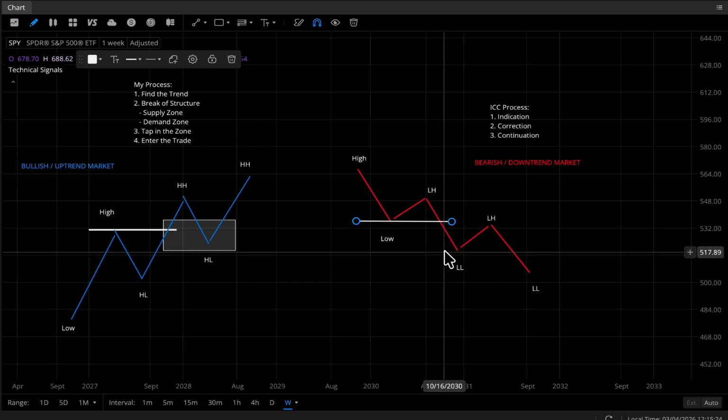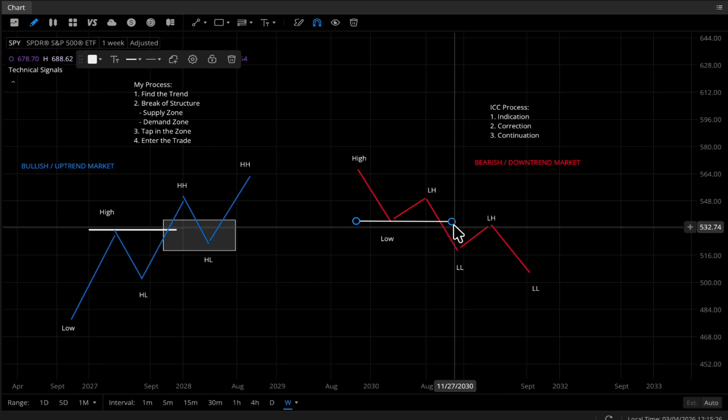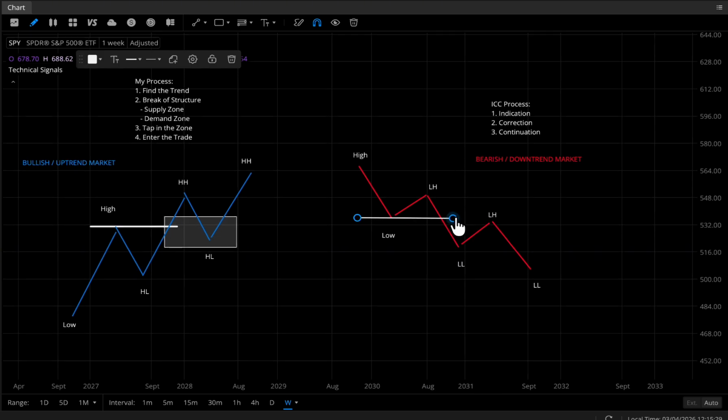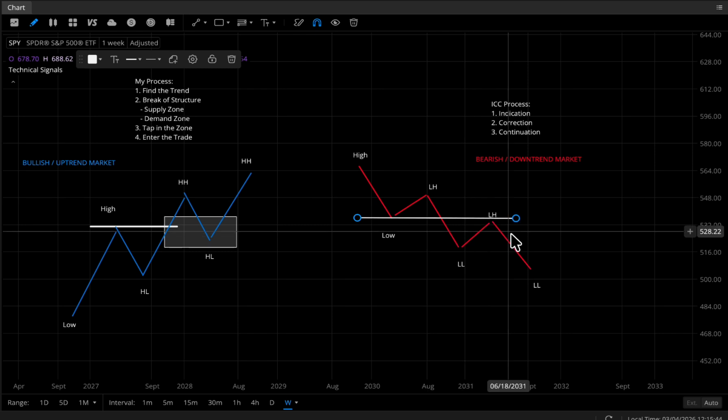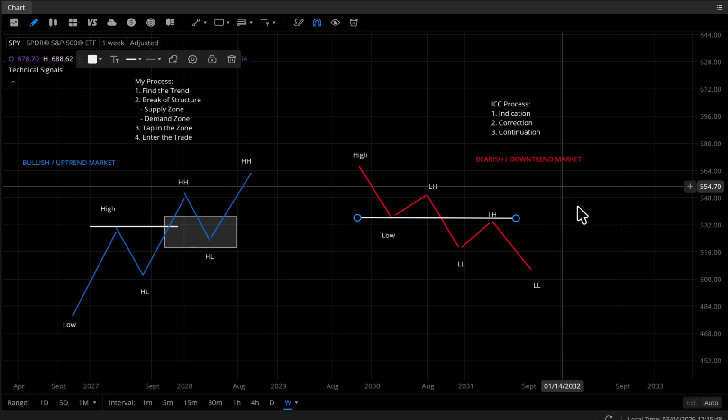Now we have to wait for price to correct. The correction is basically price coming back to that area where it broke structure, which is tapping the zone. So price pulled back, tapped this zone, and then it continued lower. That is literally the same exact thing.